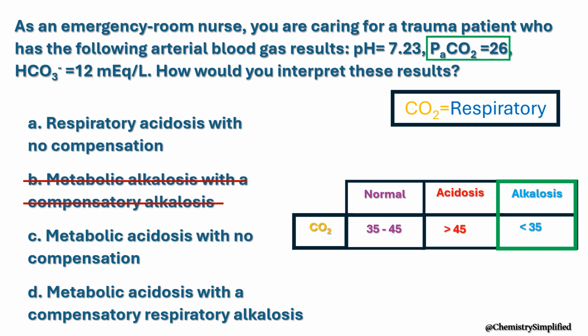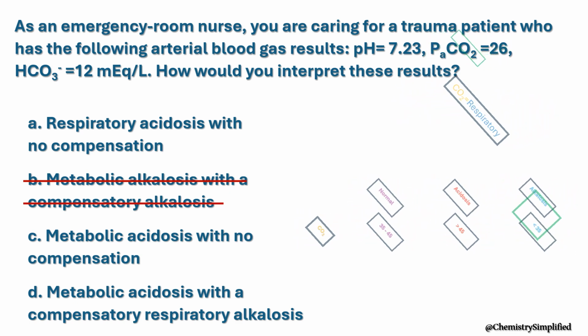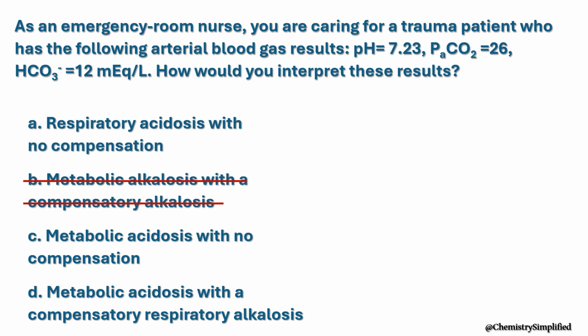But we know this cannot be right because the pH says that the answer is acidosis, and we know the pH is the Supreme Court. So it must be that the carbon dioxide is doing compensation. Right?